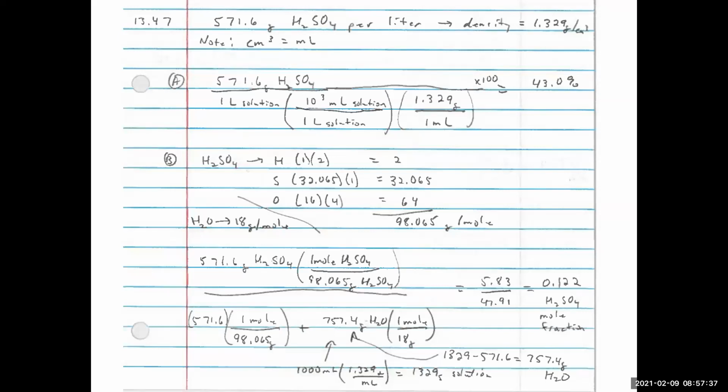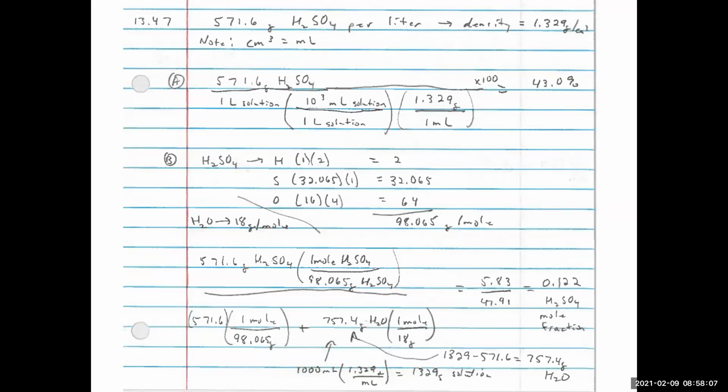If you calculate the sulfuric acid one, you get 98.065 grams per mole. Water is 18 grams per mole. And so now, it's a mole fraction. So what do we want? We want moles of our solute divided by the moles of our solute plus the moles of our solvent.